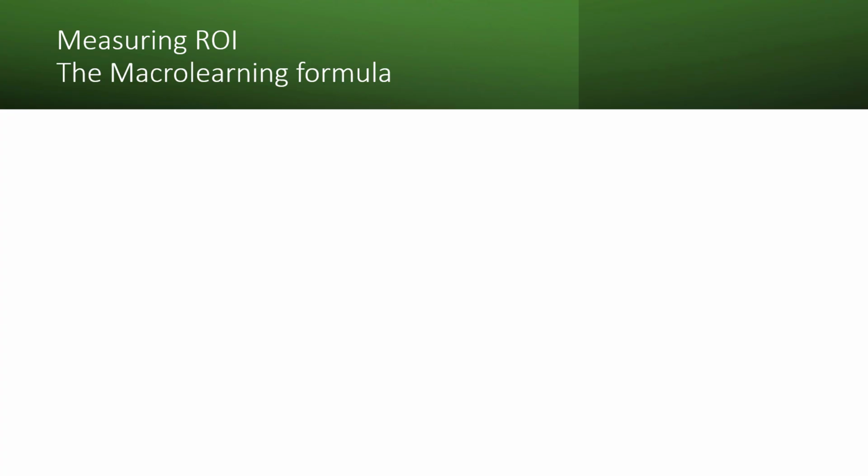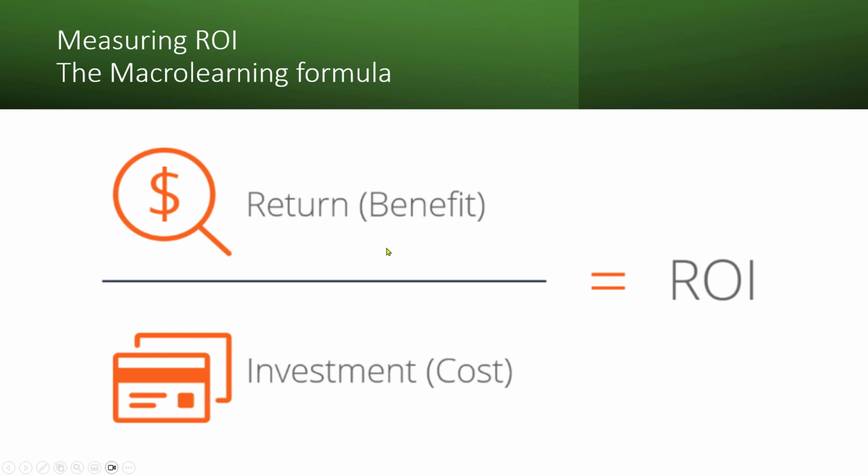To measure ROI of macro learning, it's fairly simple. The return, the benefit that you get, divided by the investment, the cost that you had, that returns the ROI. So for example, the cost of a training, let's say, was $1,000. The return, the benefit, let's say was $2,000 because now we have less accidents on the factory floor over the period of time that you have looked upon, assessed.